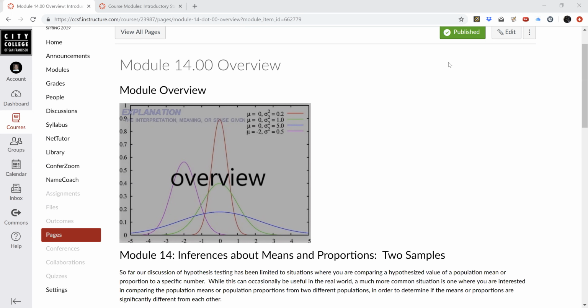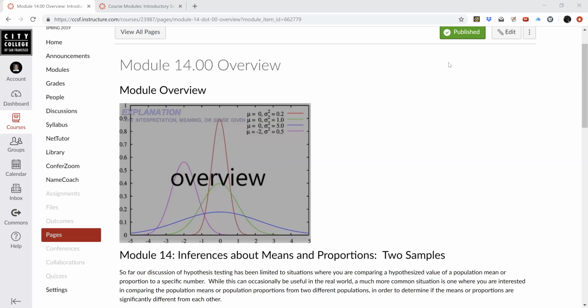difference between them. Or to use an example from politics, let's say that we're looking at two different populations in two different cities and seeing whether they're going to vote for, with a different proportion, voting for a particular candidate for president, for example.